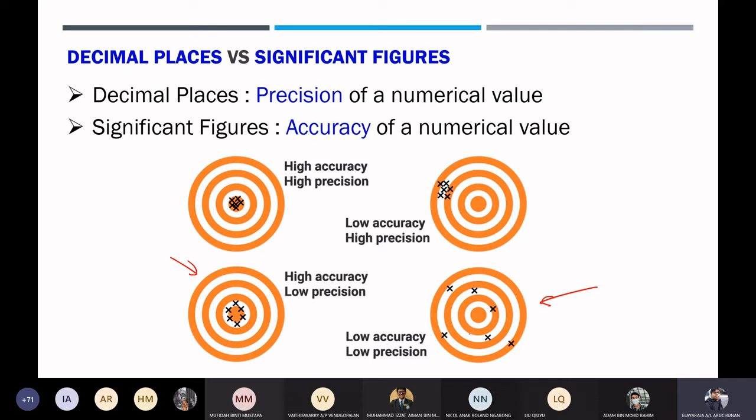So we call it low accuracy and low precision. So this is how you need to classify the two things, precision and accuracy, when you make a decision on decimal places and significant figures. Decimal places, as you know, are more on precision, and significant figures are more on accuracy.